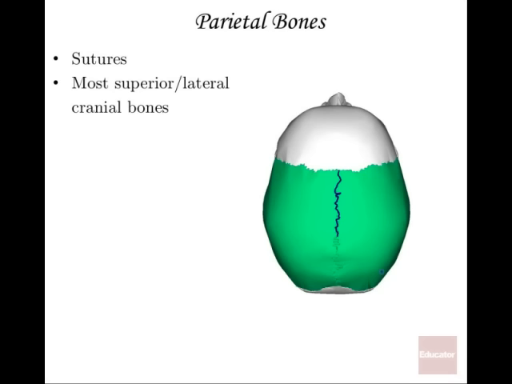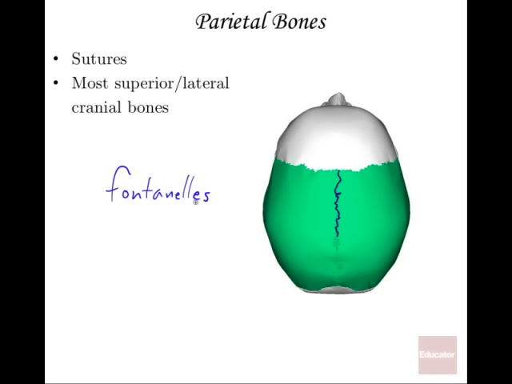You can see that I don't list sinuses here. There aren't any major sinuses in the parietal bones, but something else that's of interest before I move on is the fontanelles. The word fontanelle generally is associated with infants. Those soft spots of the baby's head that you're supposed to be careful with.